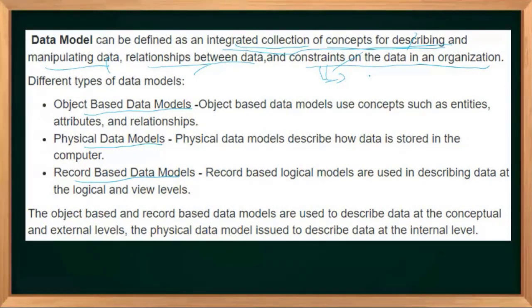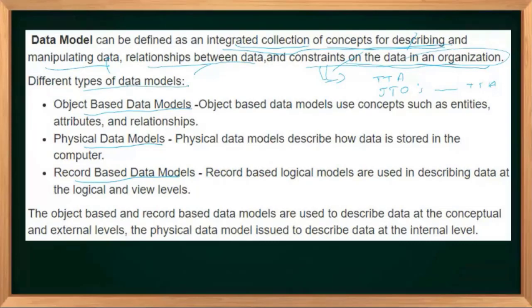For example, the simplest one: JTO salary is greater than TTA salary. Maintaining that JTO salaries are greater than TTA salaries is a constraint on the data in an organization.